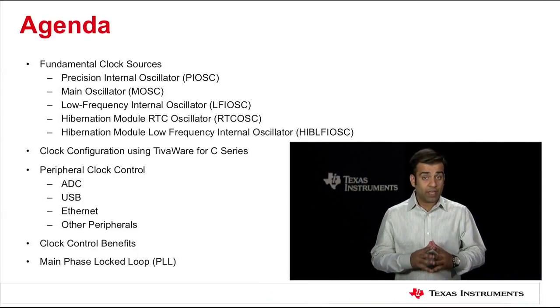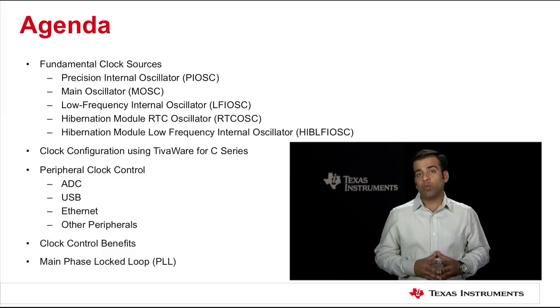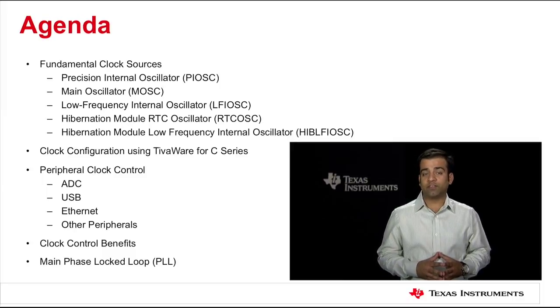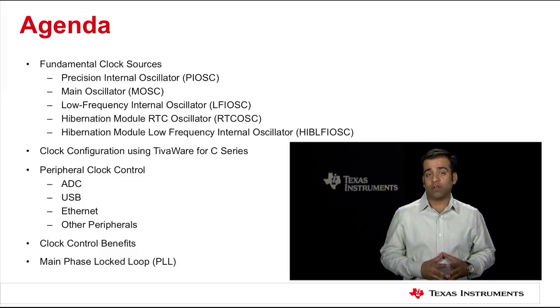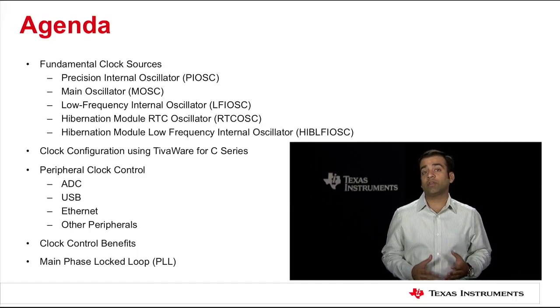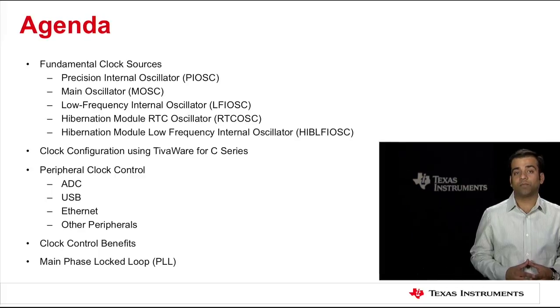Alright, so by the end of this video, you will be well versed with the fundamental clock sources on TM4C129X family of microcontrollers, and you will know how to configure the main system clock on TM4C129X devices. We will together compare different clock sources and briefly talk about clocking for different peripherals also. So let's get started. Several clock sources are available in the TM4C129X devices.